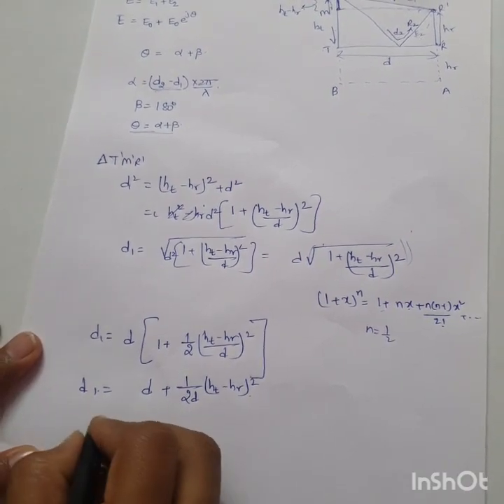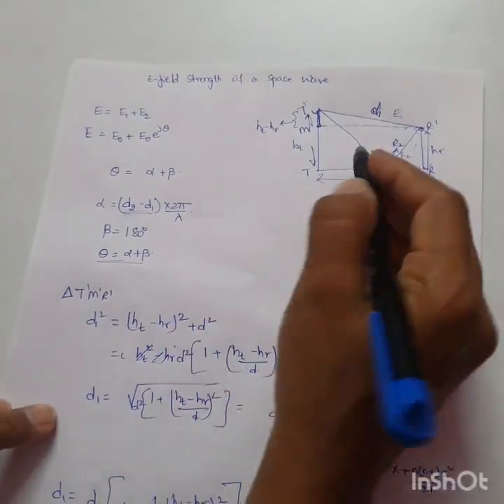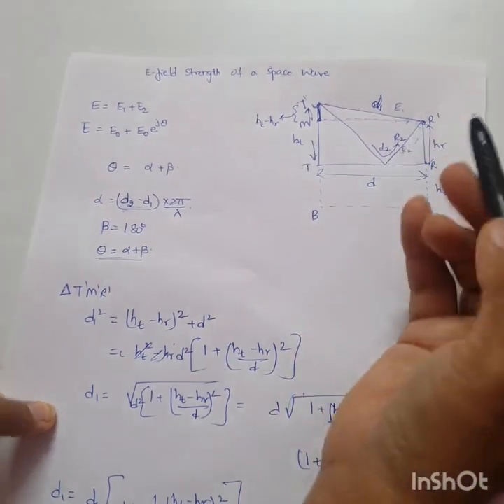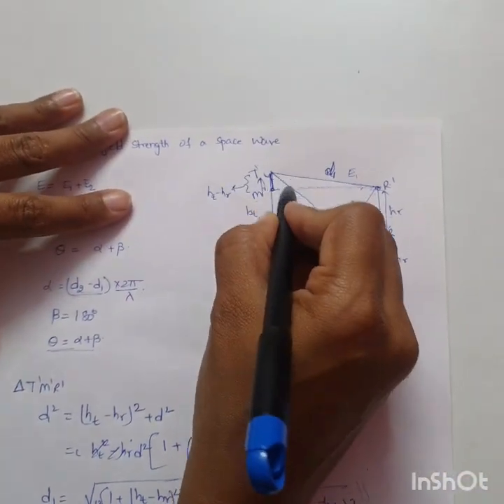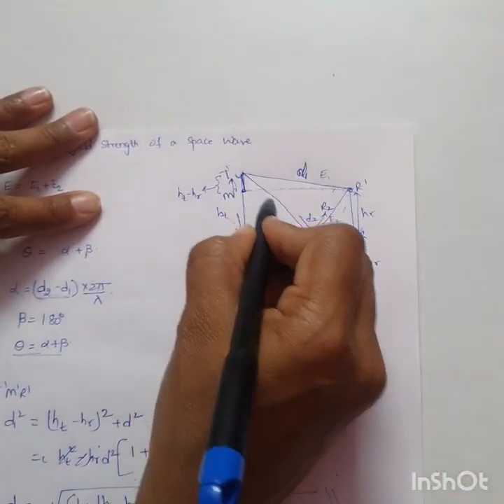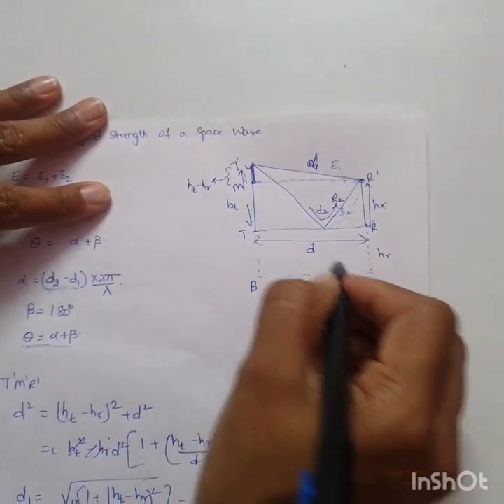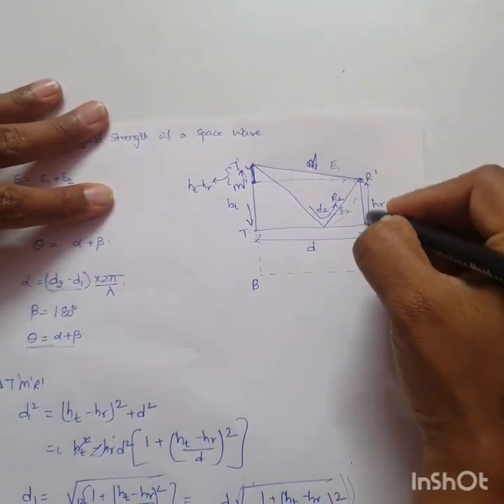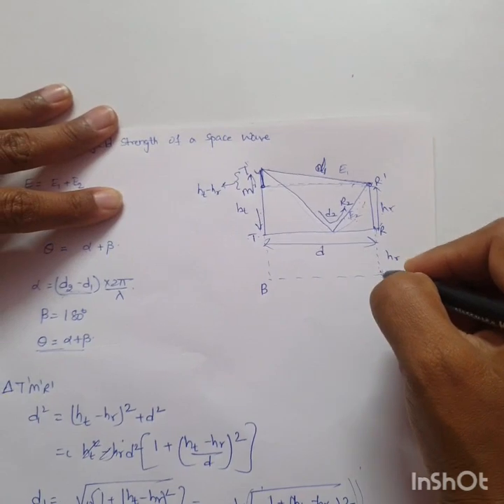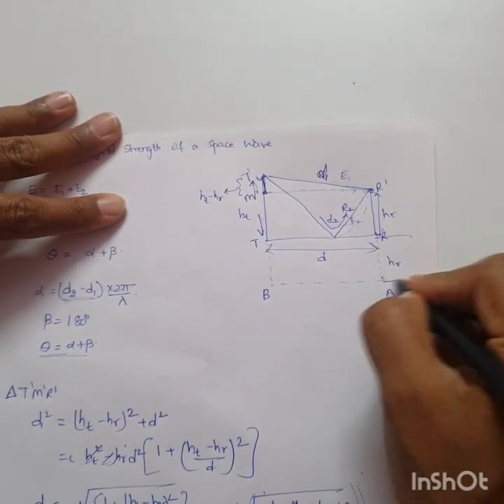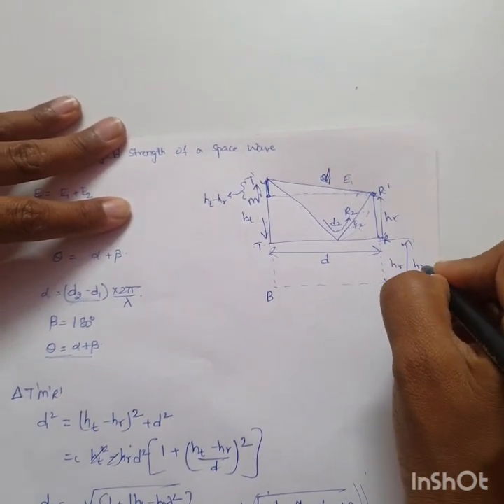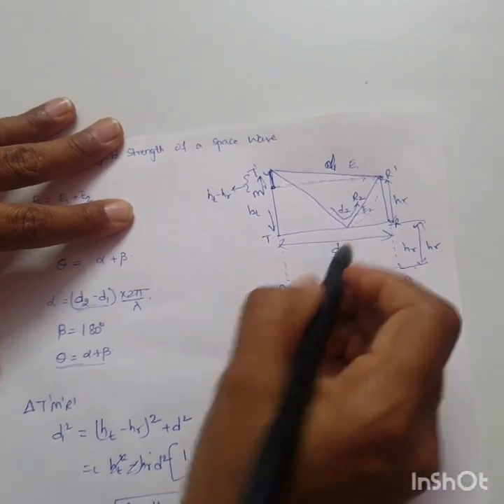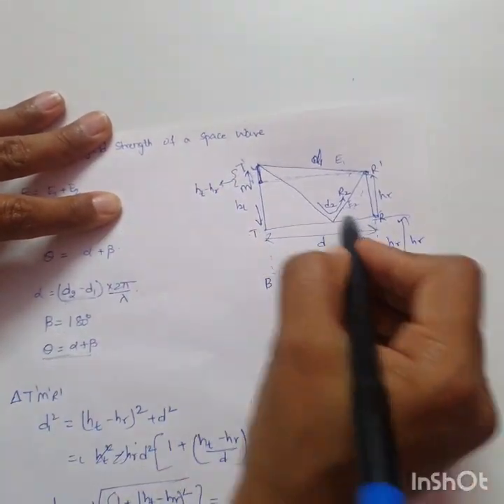Now in a similar way we can obtain the path D2. In order to calculate D2, which is this distance plus this distance, I take a mirror image of the receiving antenna height. This also is HR.